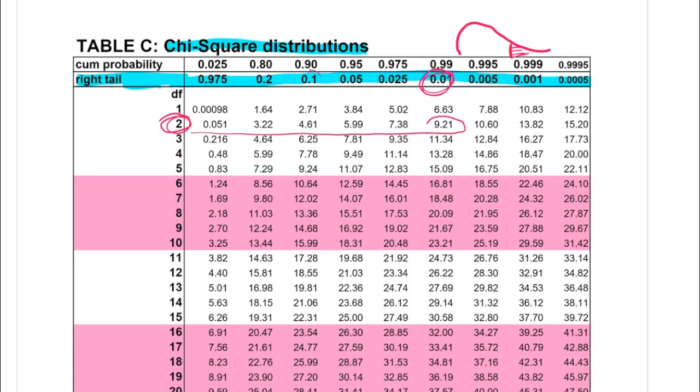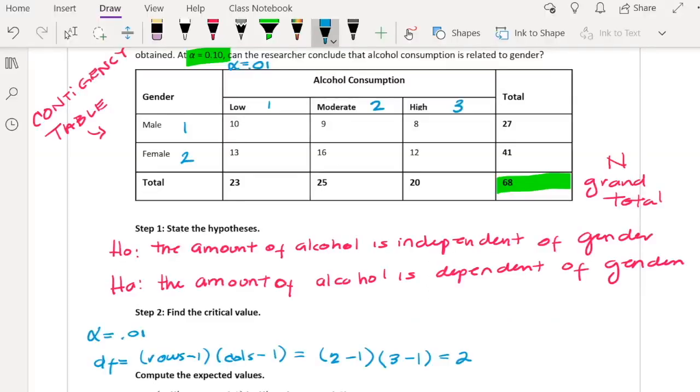So our critical value is this one. If there's not a difference at that alpha, it could be we just need to collect more data. Just saying. So chi-square critical is 9.21.